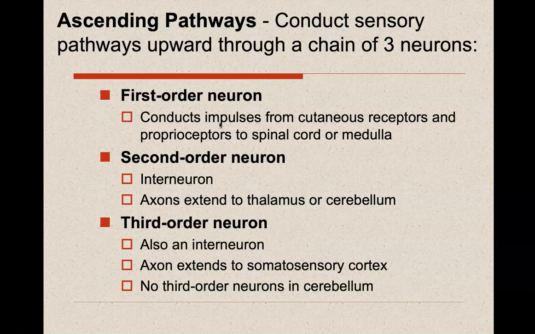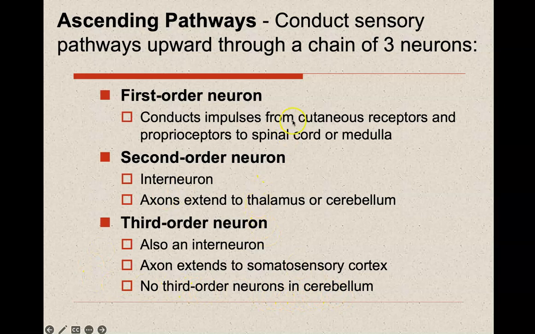Then our third order neuron, which is also an interneuron, is usually going to take information from the second order neuron. So it's synapsing with the second order neuron, and it's going to take the information all the way up to the somatosensory cortex.